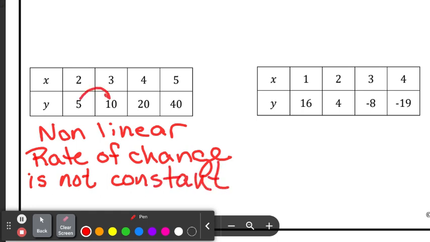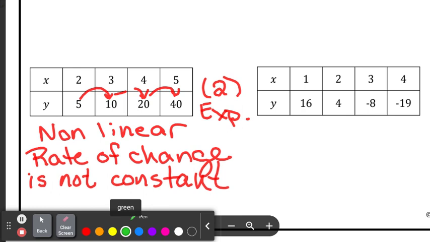So if these are going up by 2's, multiply by 2, times 2, if the y value is increasing by a multiplication factor, what type of function is that? If it's going up by a multiplication factor, it is exponential.